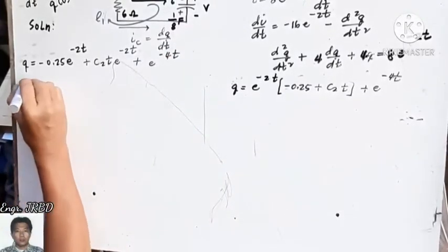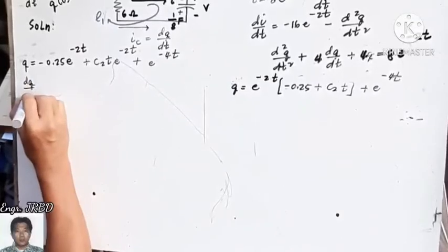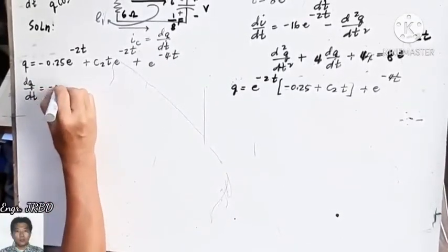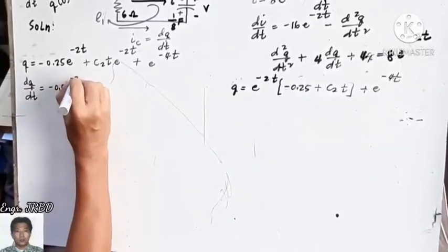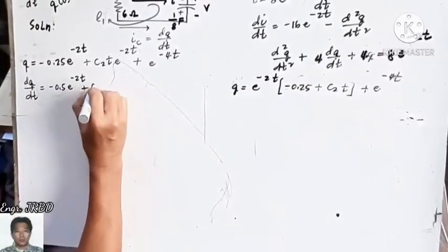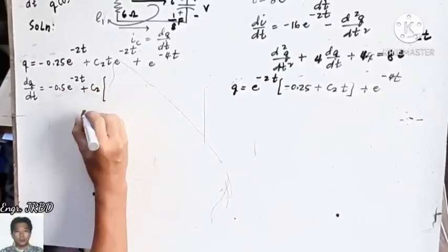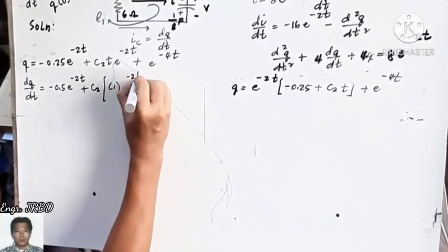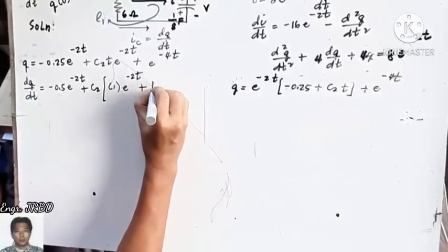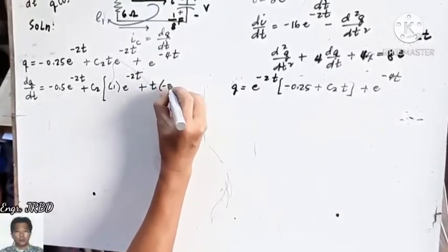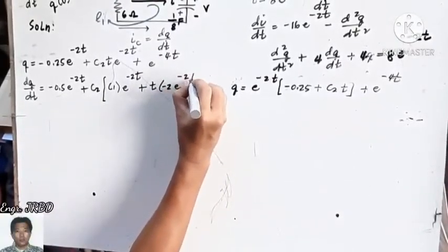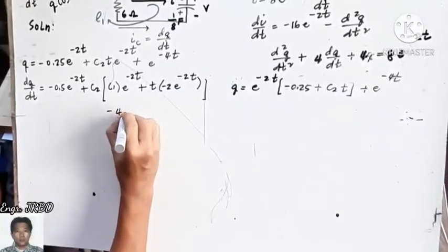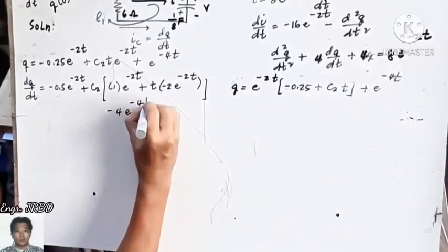Okay. So the derivative of q with respect to t is negative 0.5 e raised to negative 2t plus C2 times, okay, first term times the derivative of the second term plus the first term times the derivative of the second term, minus 4 e raised to negative 4t.